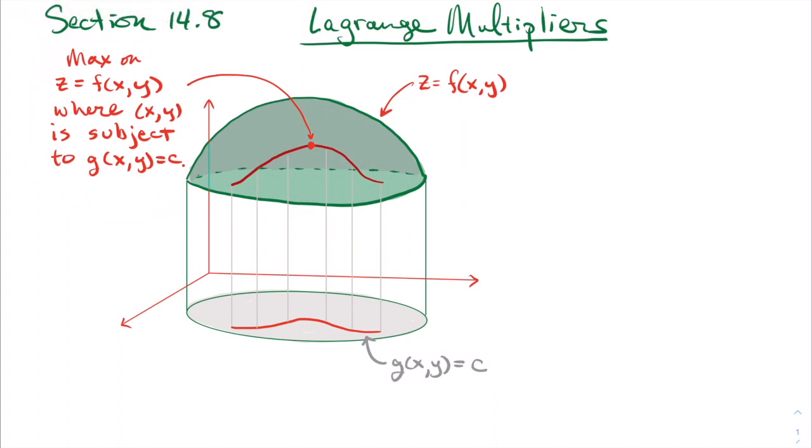Okay, so how can we find that? There are several steps to get us to that point. So let's go ahead and begin. First of all, we're going to parameterize the constraint curve.